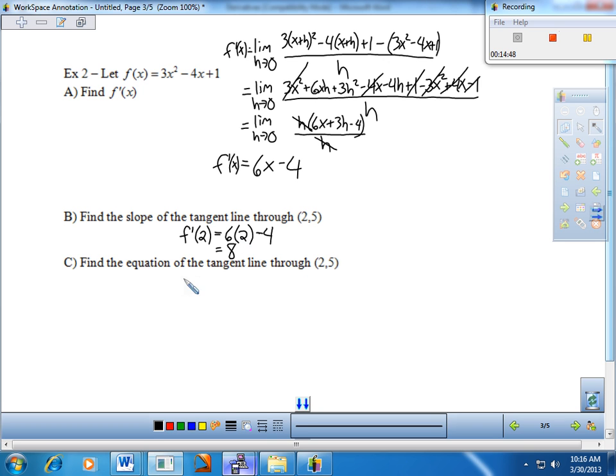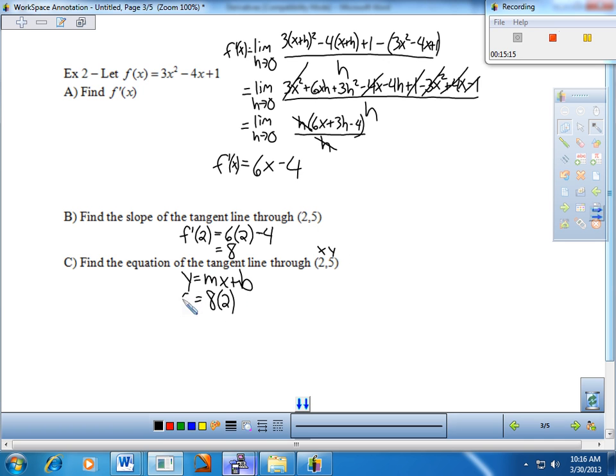Could I then take it one step further and not only talk about the slope of the tangent line, but also the equation of the tangent line? Sure. And so this is the way I pull it off. The slope is 8. That's what we found in part B. And now I have my x and my y that I utilize.